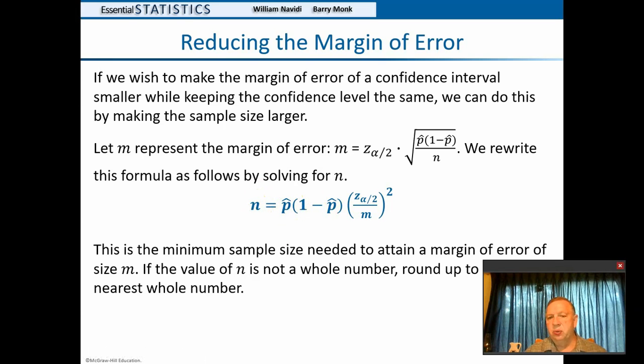If we've never taken a sample before, we don't know what P hat is, so I'm going to assume 0.5. 0.5 times 1 minus 0.5 makes this number the biggest that it gets, and then I fill in the rest. If I've had some previous sample information, I'm going to use the previous P hat value. I'll use one of those two situations. And once I calculate n, I always round up.